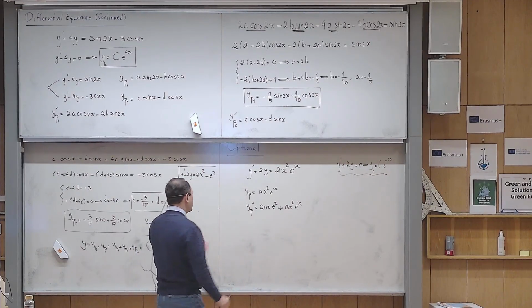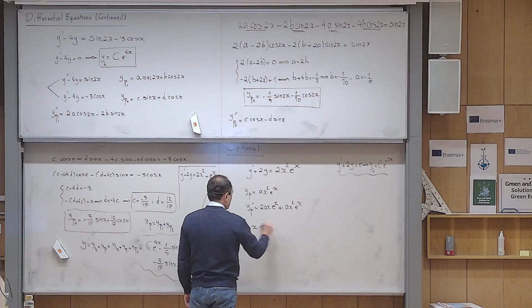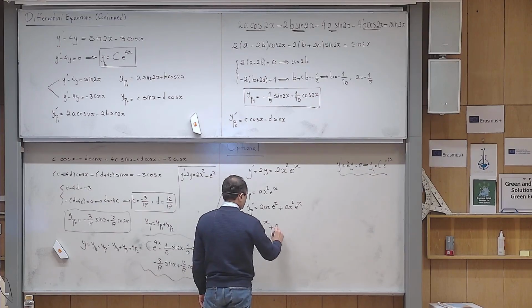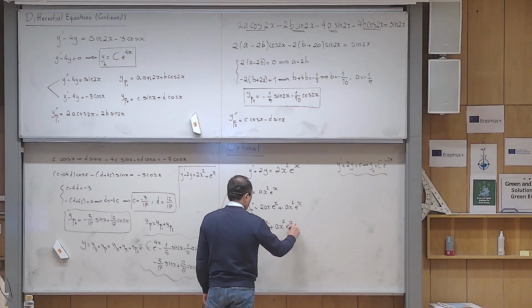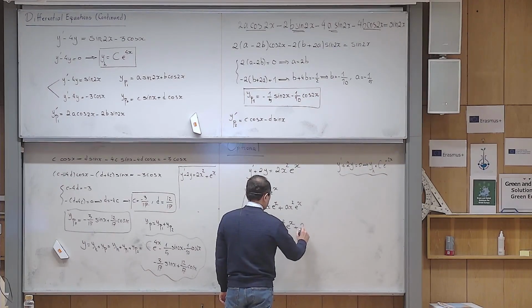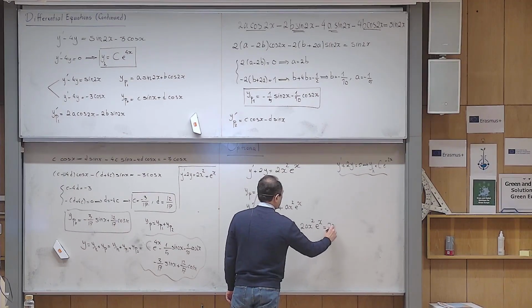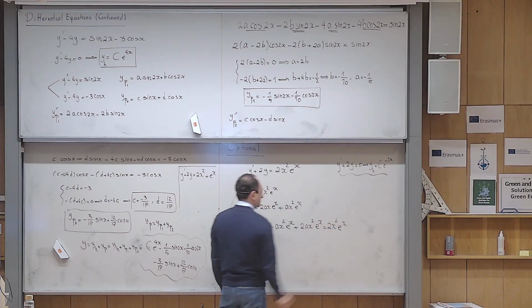But let us see. If I put that there, what happens? This one is for y prime. 2 times that. And then I have 2x squared e to the x.